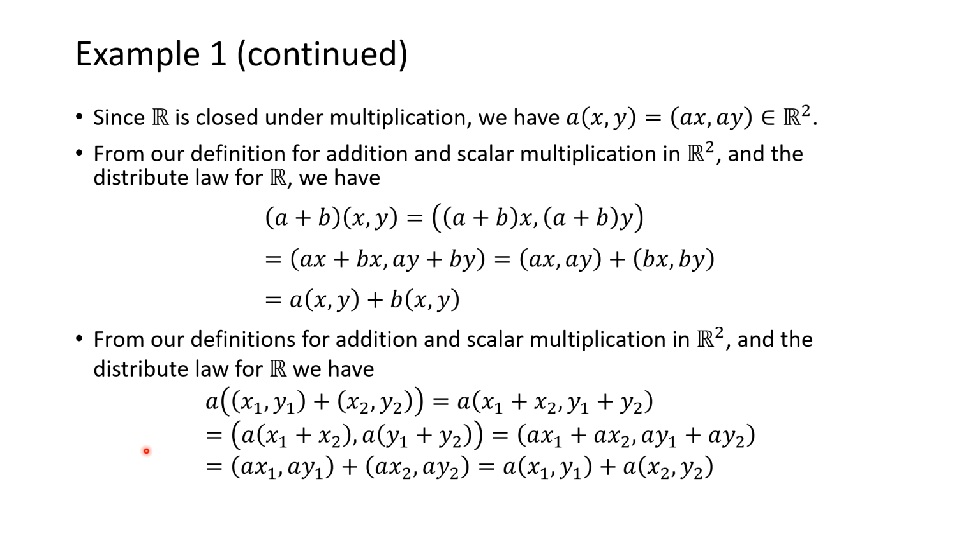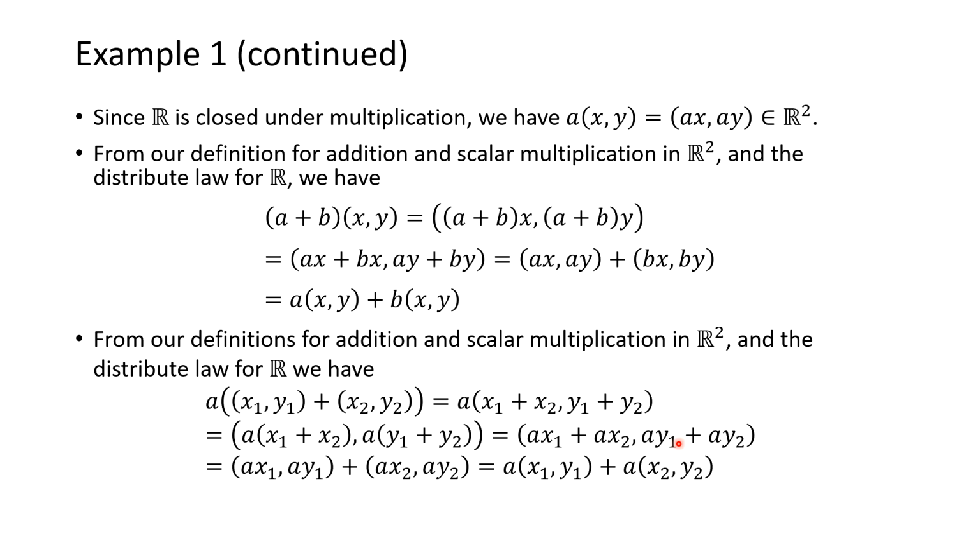You have a similar thing down here. In this case, we have a scalar times the sum of two vectors. We use the definition of vector addition to get from here to here. And then we multiply a times each term. Again, that's the definition of scalar multiplication. Then we use the distributive law of real numbers to go from this step to this step.